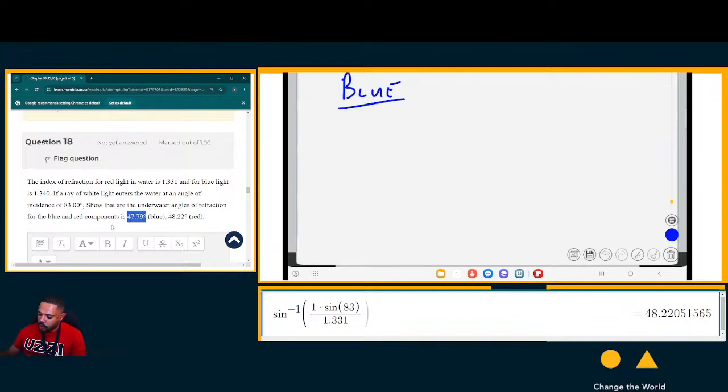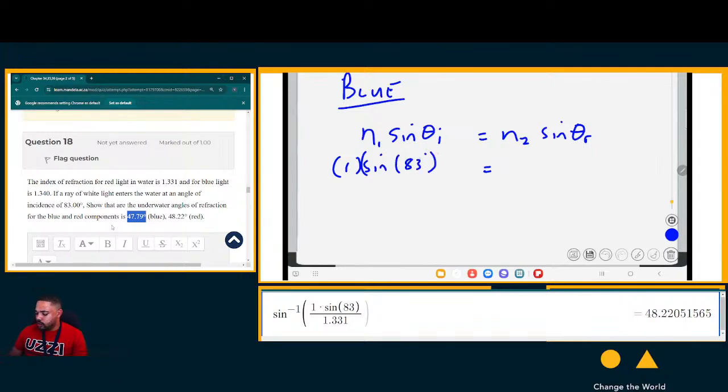So we have n1 times the sine of the incidence angle equals n2 times the sine of the refracted angle. Then n1 is equal to 1, and the sine of the angle is still the same. It stays the same, 83 degrees. And then n2 is 1.340. This is the difference.